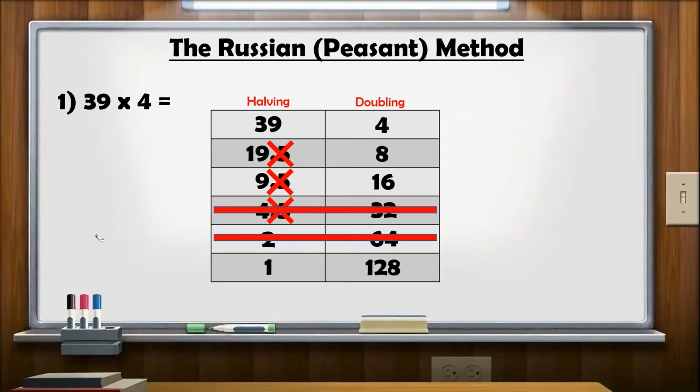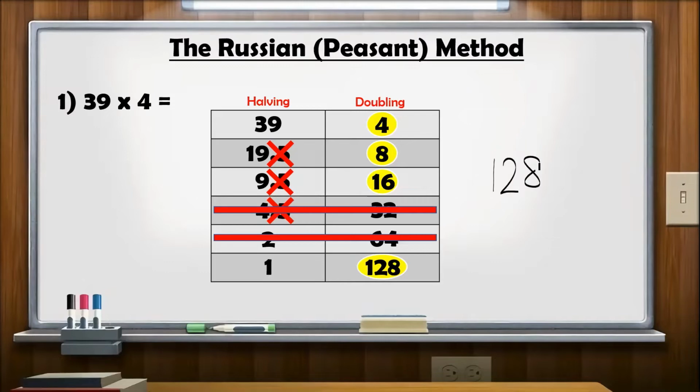Our final step will involve us adding our remaining numbers in the right-hand column. So these numbers being 4, 8, 16 and 128. So I'm going to use the column addition to add my 4 numbers together.